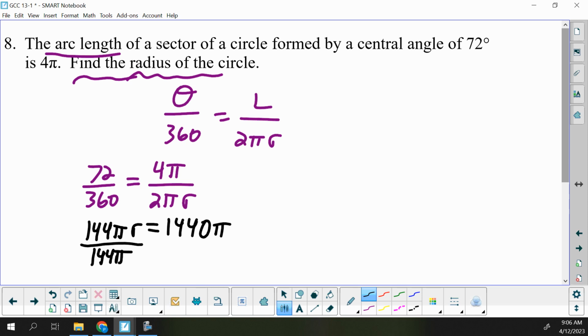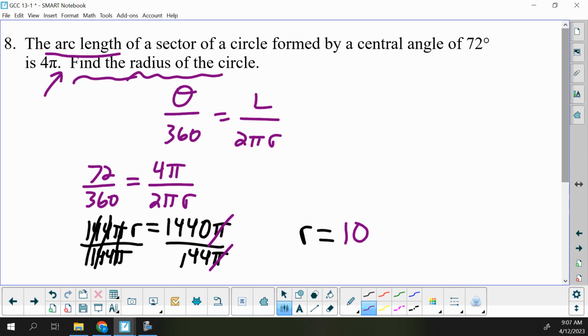Divide both sides by 144 pi. So that's all gone. We'll have r equals, pi's will divide out, so we're just doing 1440 divided by 144, and we should get radius is 10. It's a distance measurement, but notice they did not give us units for the arc length, so we don't have any units that we can put on this one.